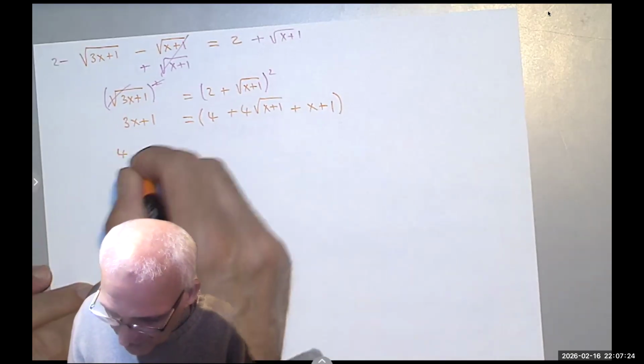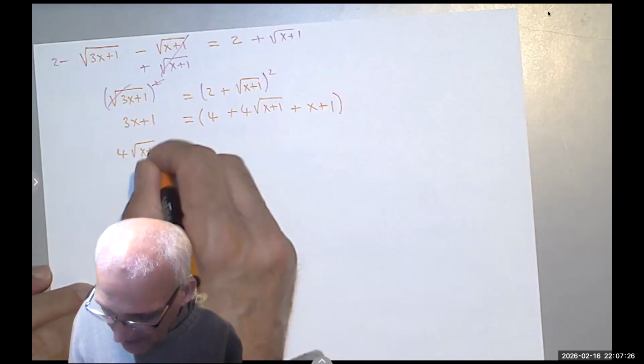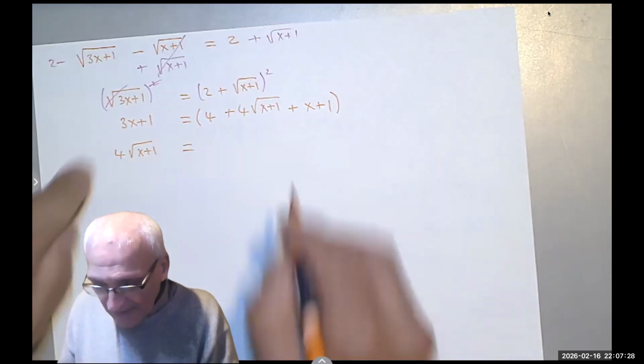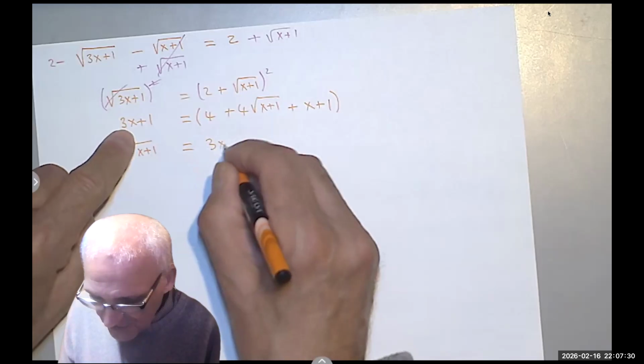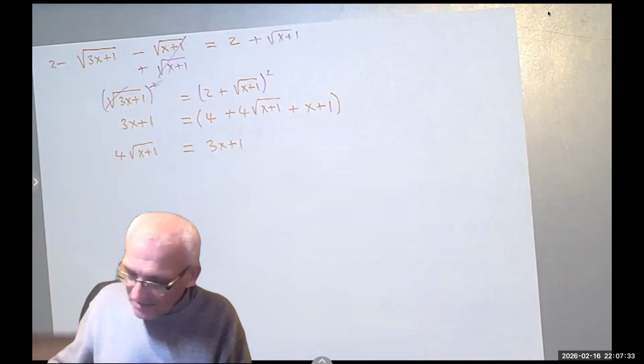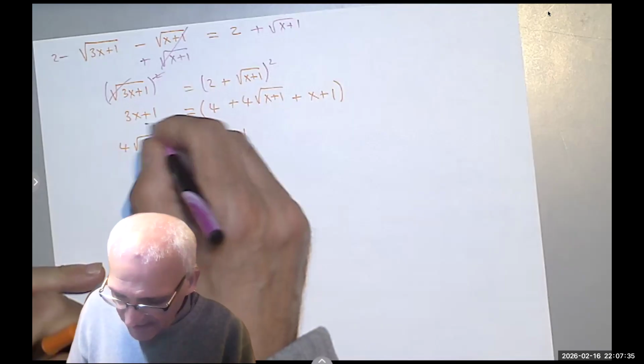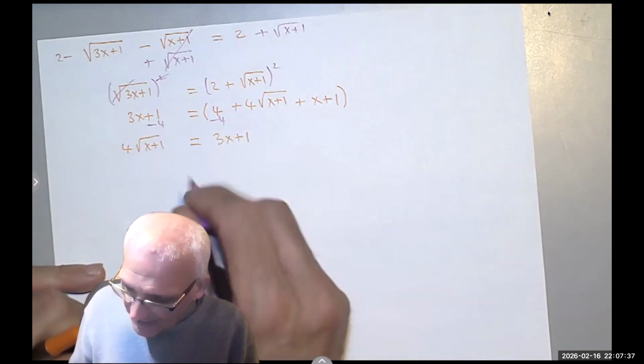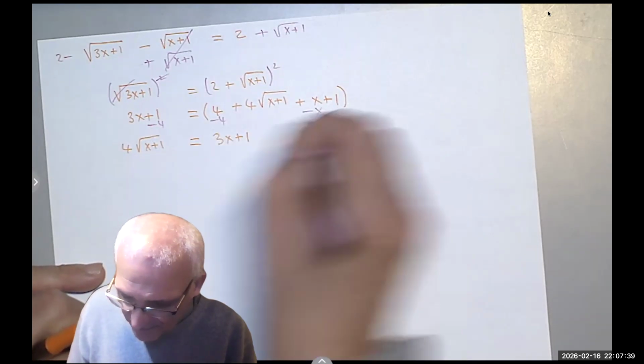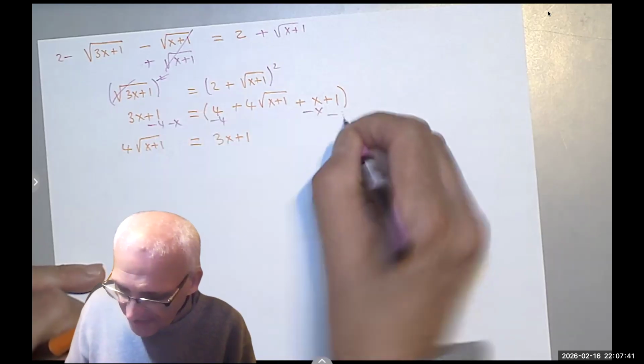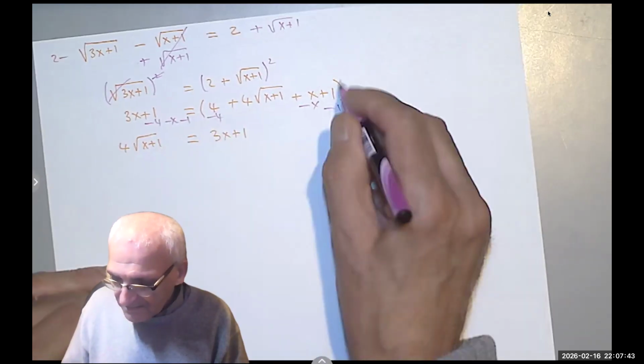So the 4 root x plus 1 equals, I can write 3x plus 1, and then I'm going to subtract 4 from both sides, subtract x from both sides, and subtract 1 from both sides.